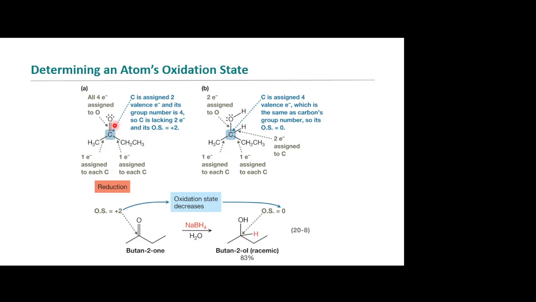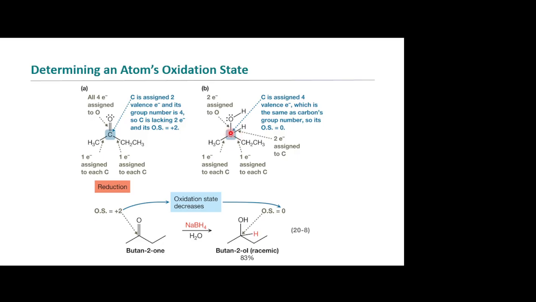The oxygen's going to take electrons, right? And so we look at that carbon, and it only has 2 electrons assigned to it. We look up the valence shell, and how many electrons should carbon normally have? 4. And so it's at +2, isn't it? Okay? And so the oxidation state is +2.